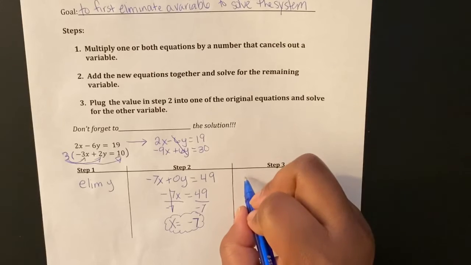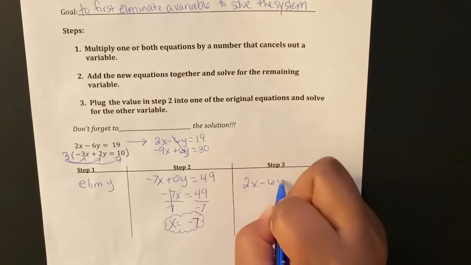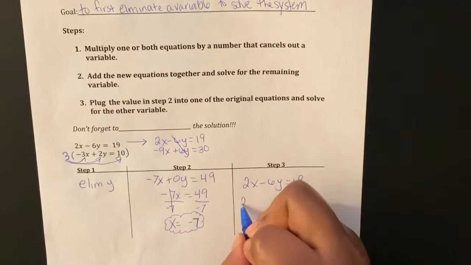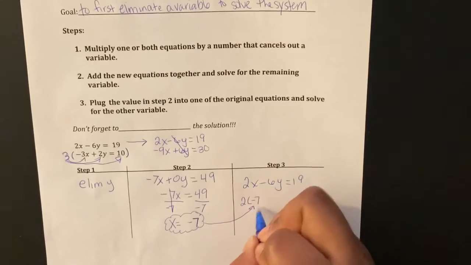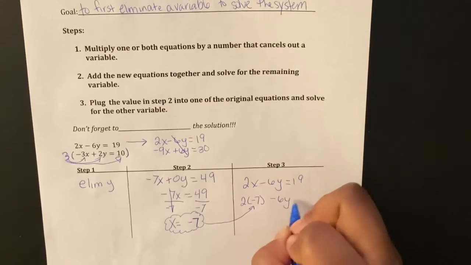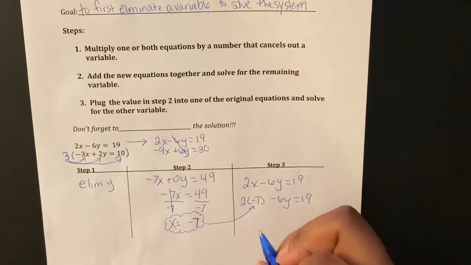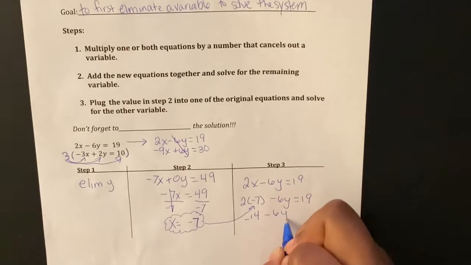So I'm going to plug it into the first one. 2x minus 6y equals 19. 2 times negative 7, which is x, minus 6y equals 19. 2 times negative 7 is negative 14, minus 6y equals 19.